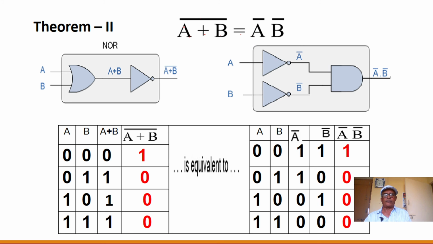Again I am repeating how we can read: complement of A or B is equal to product of complements, or we can say complement of sum is equal to product of complement.